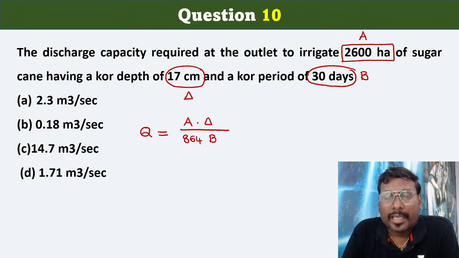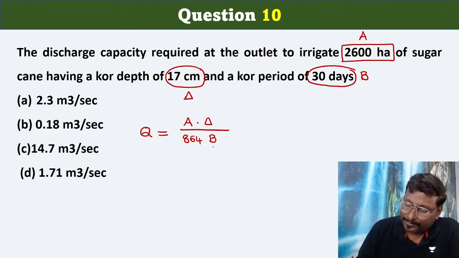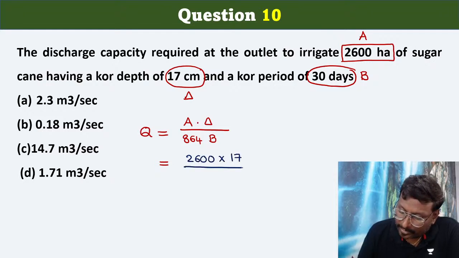Substitute, easy. 2600 into 17 by 864 into 30.